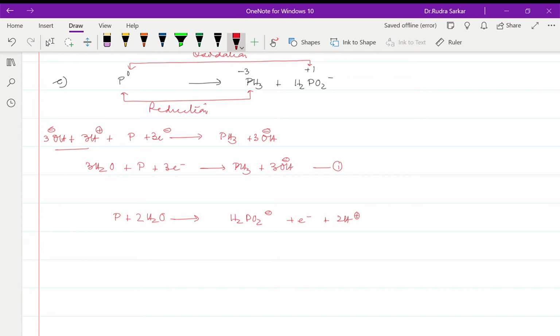Now if the reaction is taking place in alkaline medium, so we have to add 2OH over here and subsequently 2OH over here.